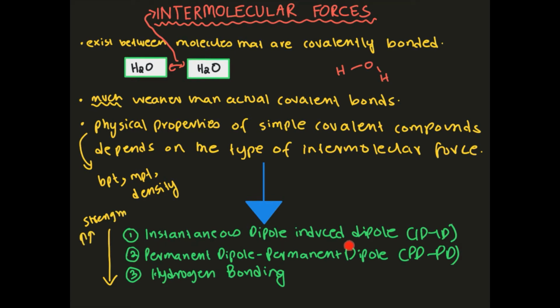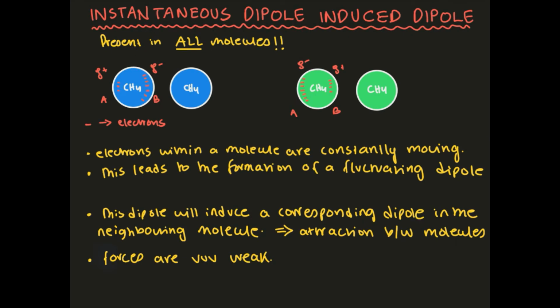So Idid forces are going to be the weakest and hydrogen bonds are going to be the strongest. The first type of intermolecular force that we're going to be discussing is instantaneous dipole-induced dipole or Idid forces. And this type of force is also known as van der Waals forces of attraction.